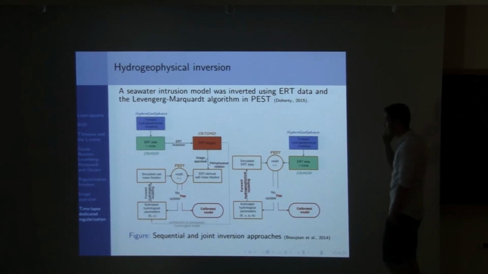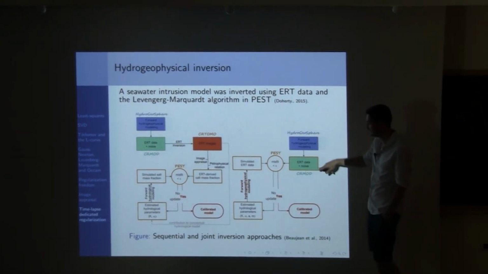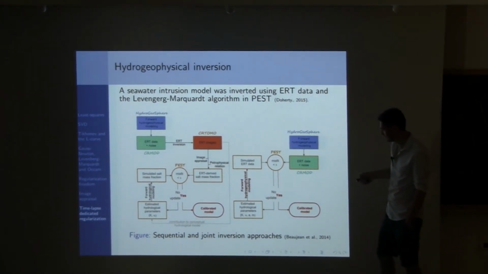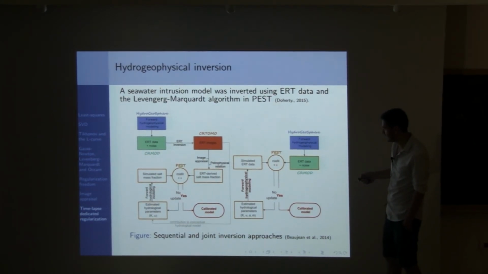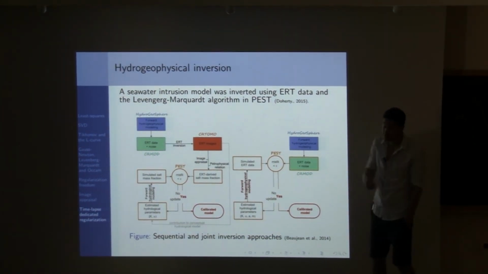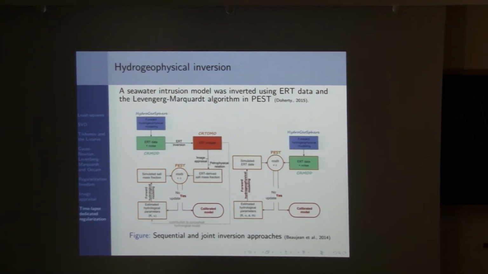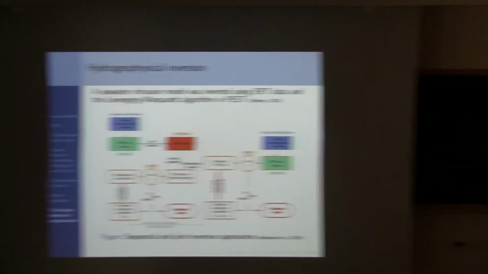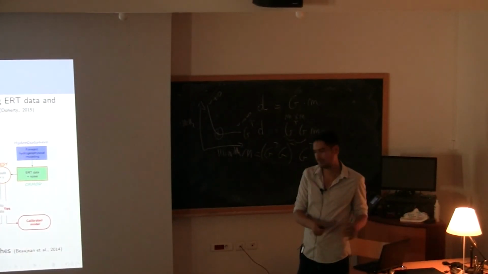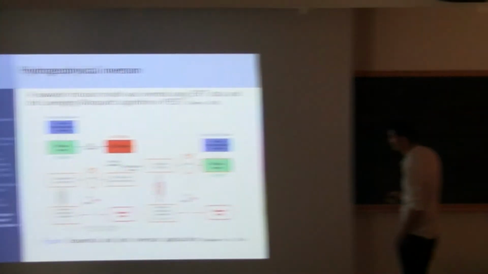So the way we did it in this particular case, it was a seawater intrusion case. Basically, we try to use ERT data to constrain a seawater intrusion problem, because of the sensitivity to electrical conductivity.